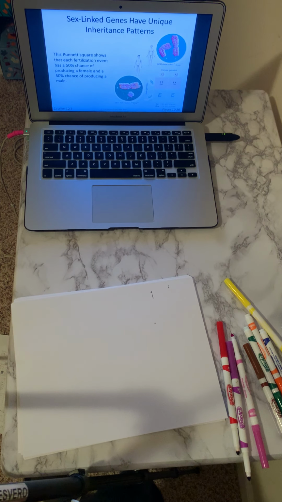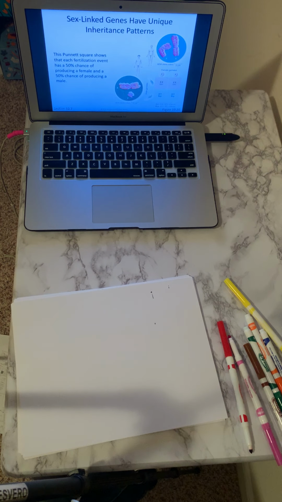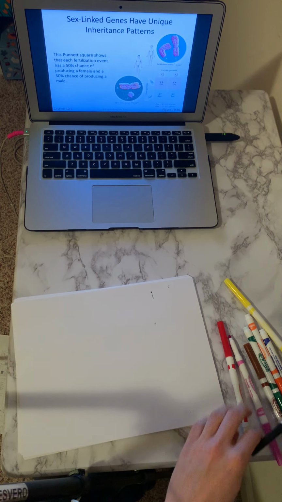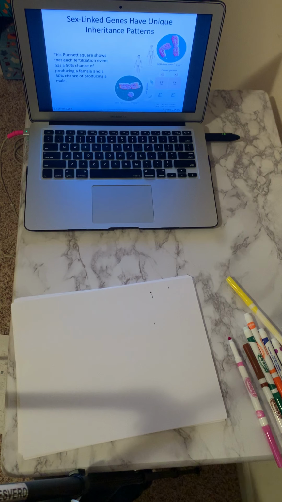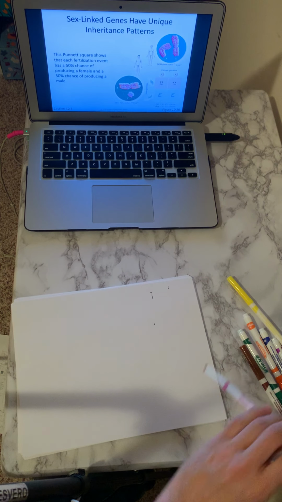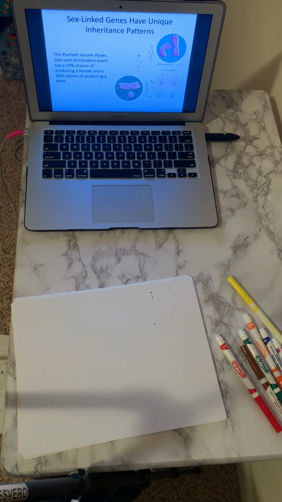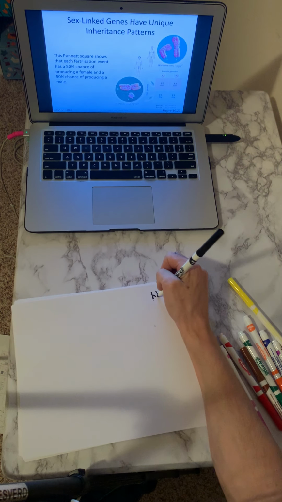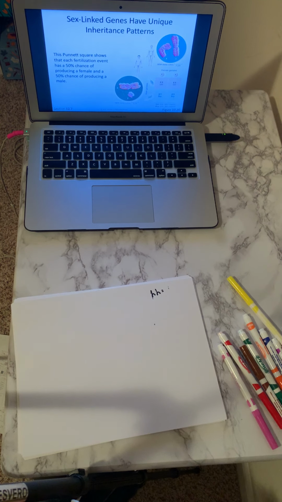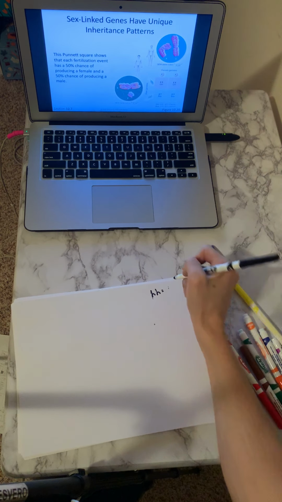So hemophilia is a recessive gene, a disease, I should say, that impacts the clotting of the blood. Hemophilia is a recessive gene. It's also a recessive disease, which means if you have hemophilia, you're going to have 2 recessive copies of that gene in your genome, which gives you hemophilia.